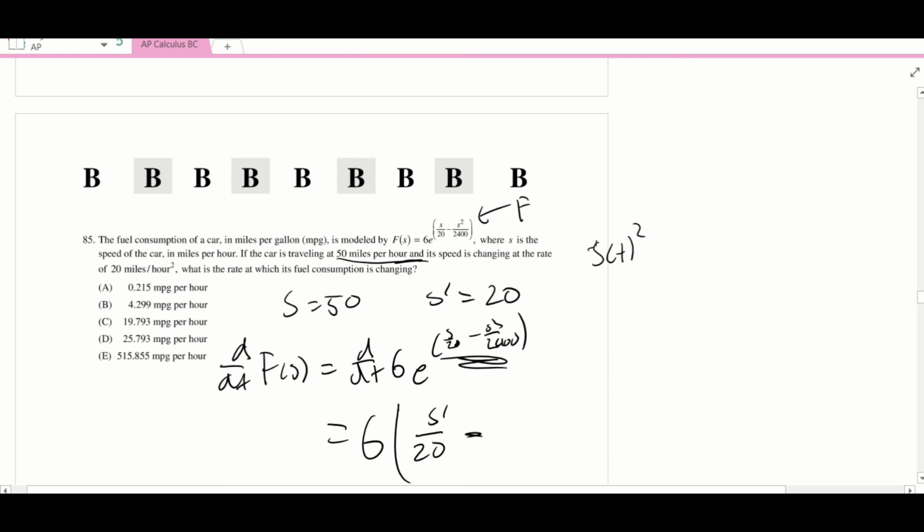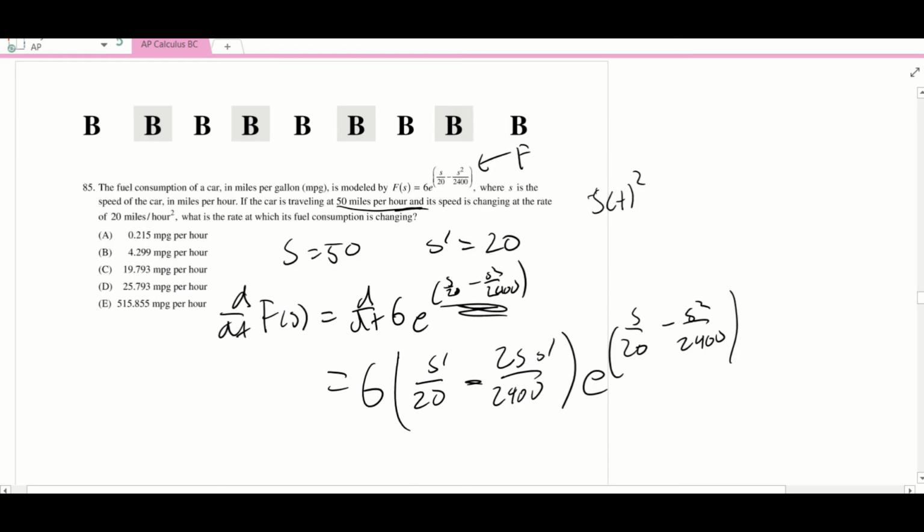So 2s s prime over 2,400, now times e to the power of the original value.